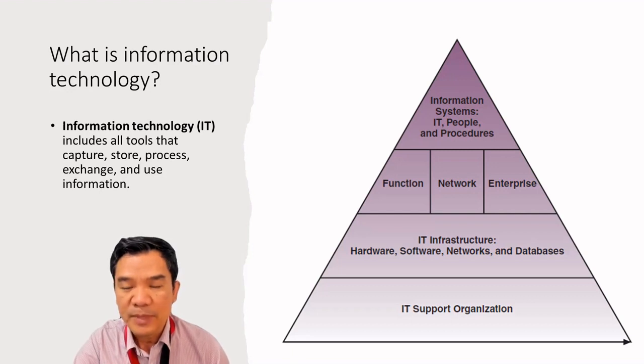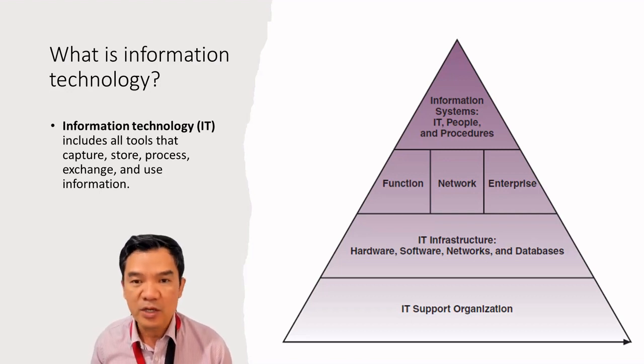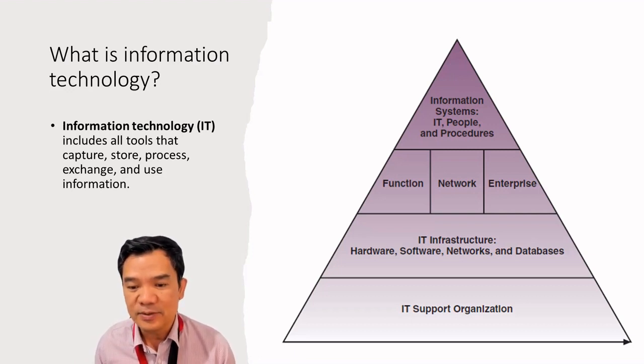These are sections or divisions where we need to support the overall function of the organization through the use of ICT. As part of our function in the organization, we look at IT infrastructure, which is the foundation function of IT support and includes hardware, software, networks, and databases.